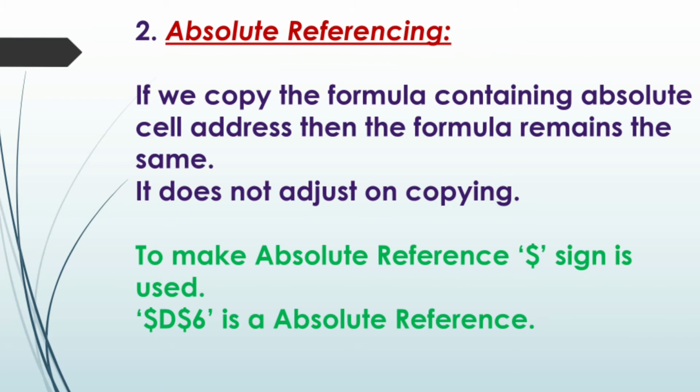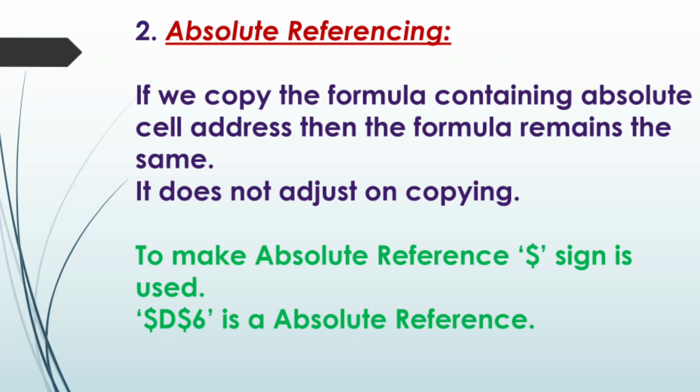Sometimes we do not want references to change when we copy a formula to different cells. In such cases, we can go for absolute referencing. Now, if we copy the formula containing an absolute cell address, then the formula remains the same. It does not adjust on copying.